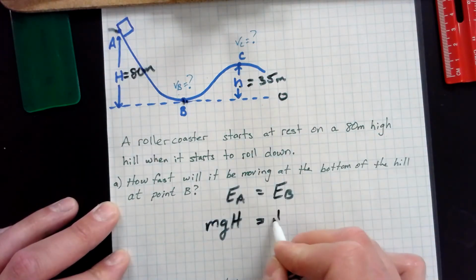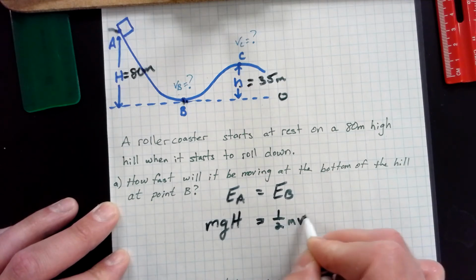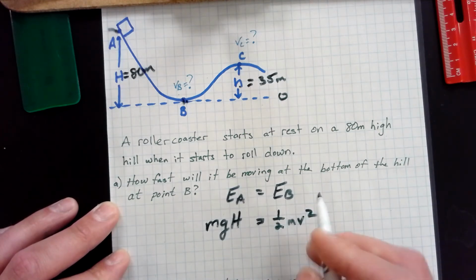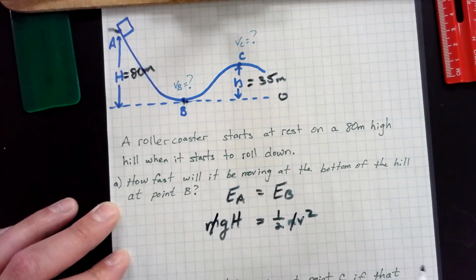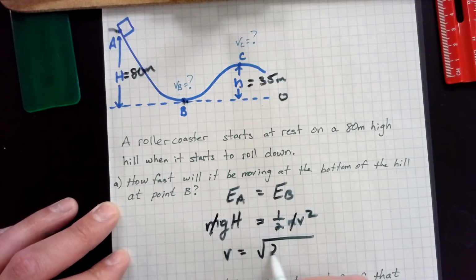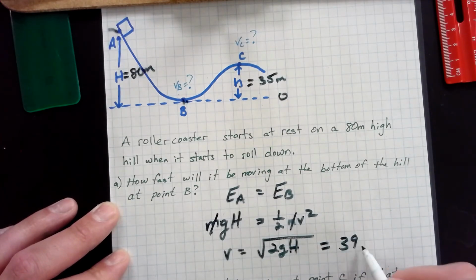Yes, it is. It's moving its fastest at the lowest point. So you have that, and there you go. The mass cancels. V is equal to the square root of 2gH, and you should get an answer that is 39.6 meters per second.